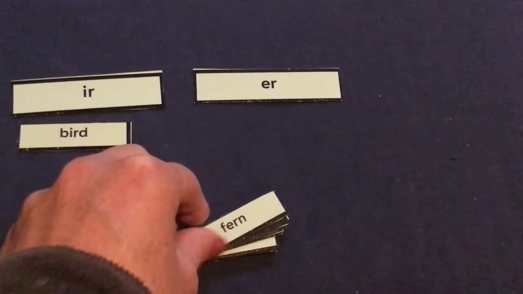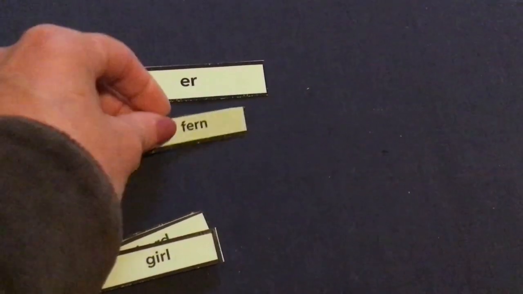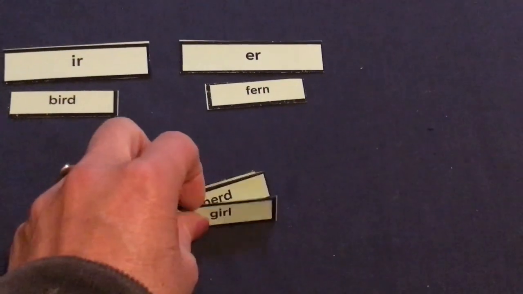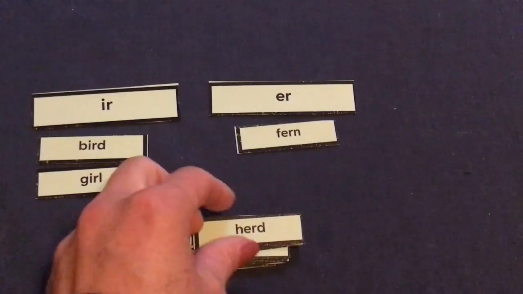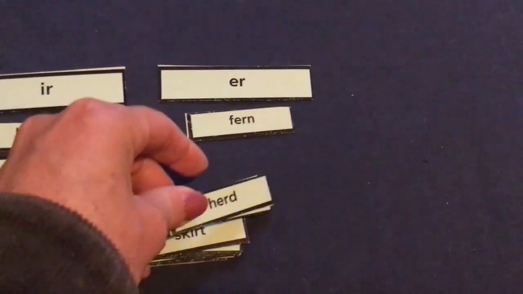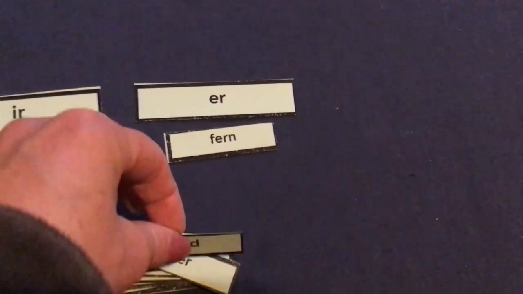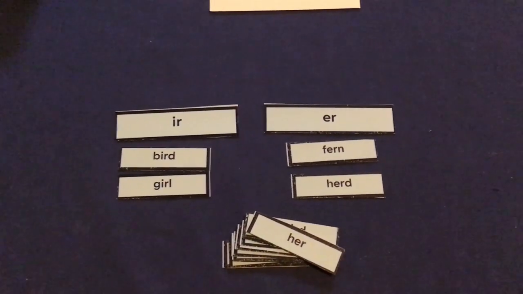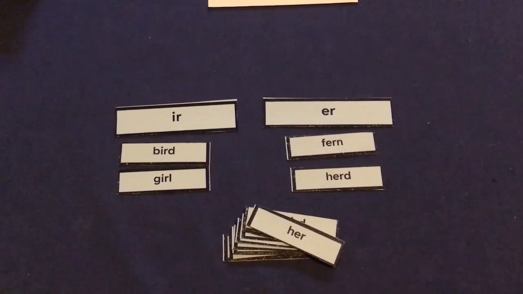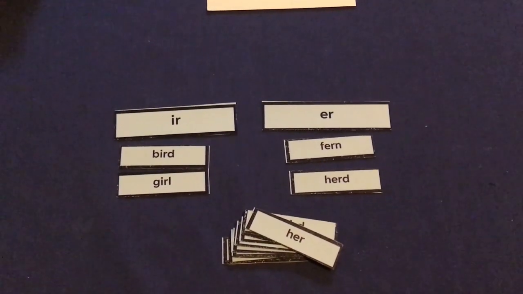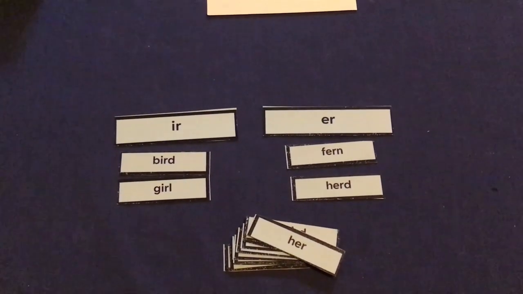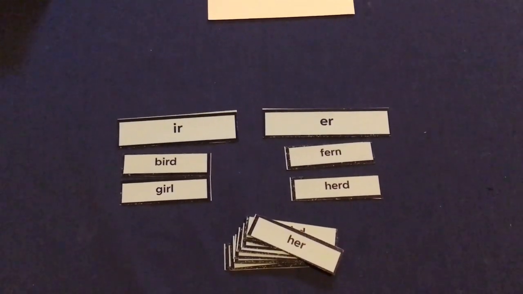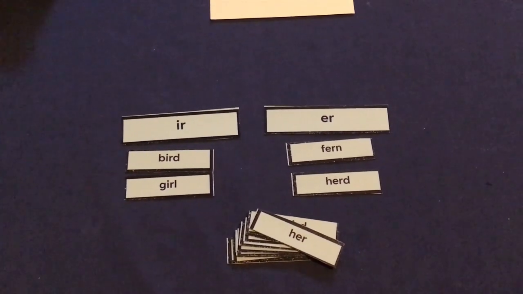And the way that I like my students to remember whether it's ER or IR is we make a story about all the IR words. So you could have a story about a bird who is in a fir tree, FIRBIRD. So put all of the words on the little cards under the two columns, and then use the IR words to make a little story.